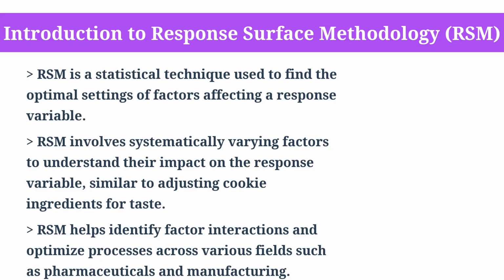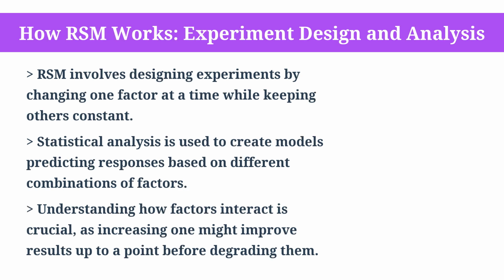Imagine you're baking cookies and want them to be as delicious as possible. You might adjust things like oven temperature, baking time, and ingredient ratios until you get just the right mix. RSM works similarly, but on a much more complex level, helping professionals across various fields fine-tune their processes to achieve peak performance.